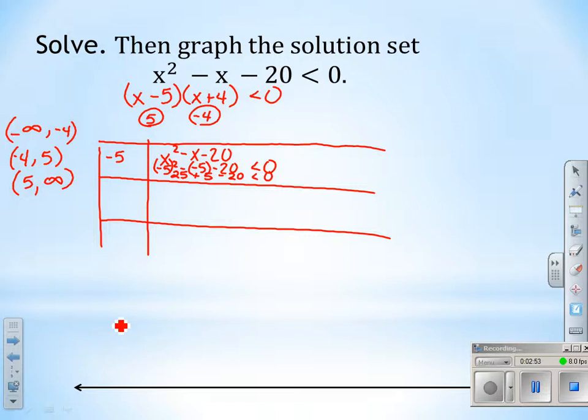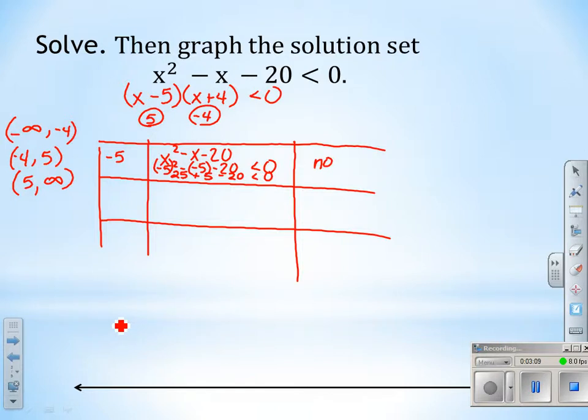Now 30 minus 20 is not greater than 0. So that solution from that interval does not satisfy our inequality. There are no solutions in that interval of negative infinity to negative 4.